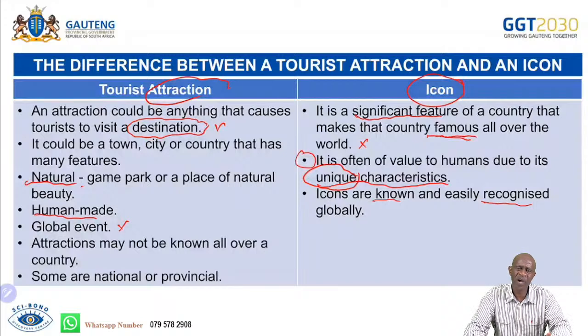It is well known, even if you have not visited the icon, but you hear of it. It is famous, and when you think of visiting France, that is the point where you'd want to see yourself visiting. So it is well known globally and can be easily recognized on pictures.